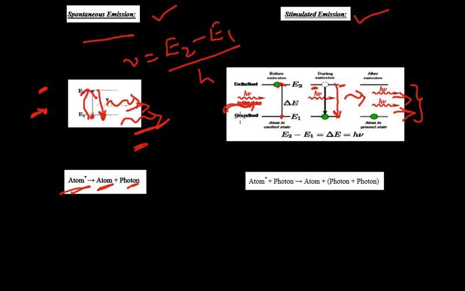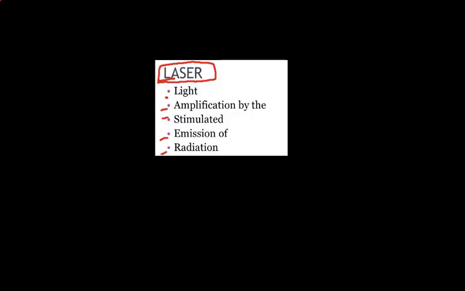So that is the difference. Now here we have one excited atom plus a photon we'll have to provide, and it will give us atom plus photon plus photon. So we'll get two photons and these two will be in the same phase.